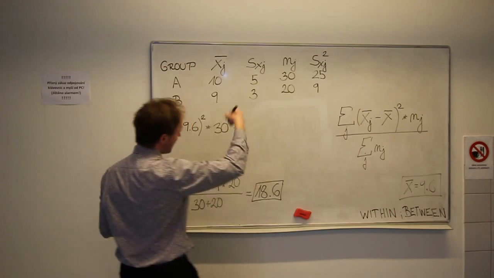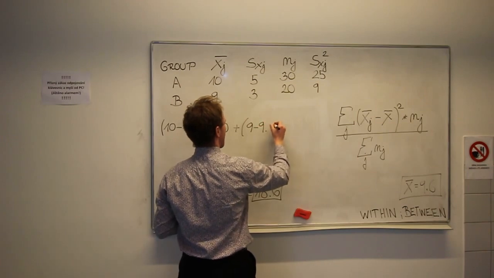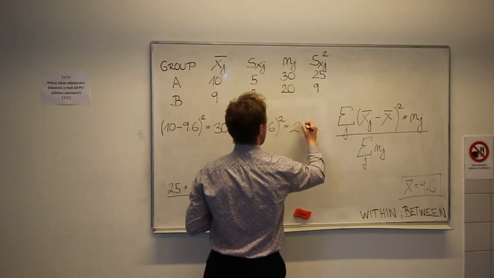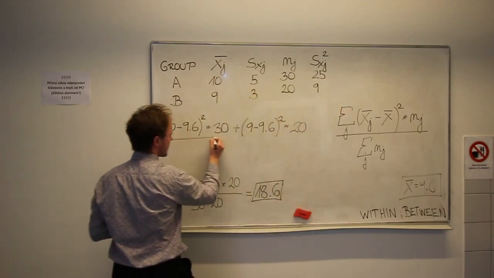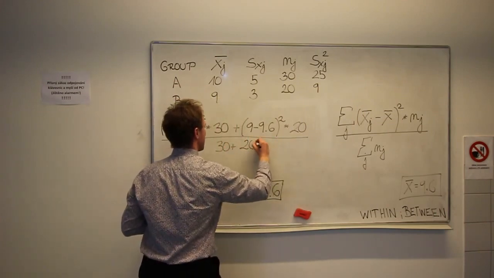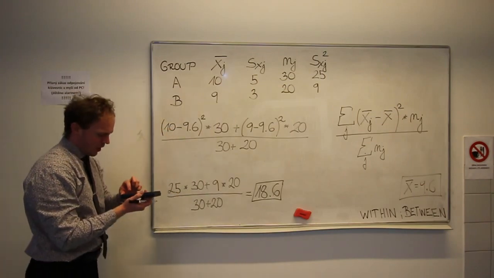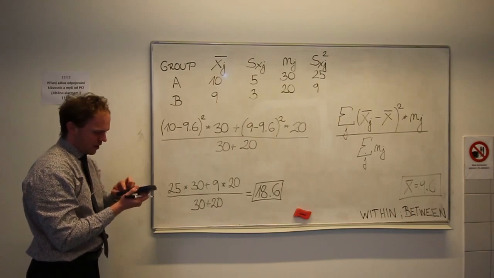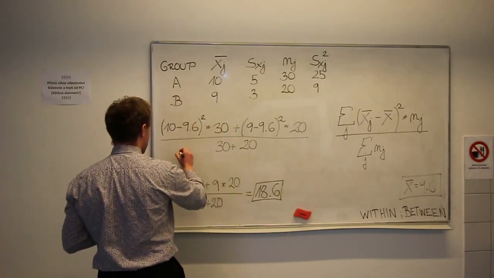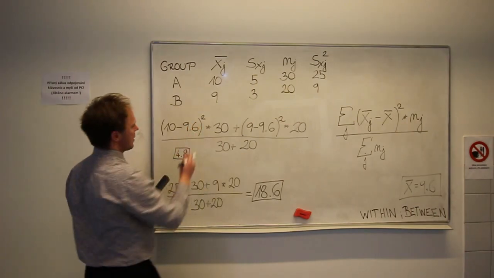Plus, in the second row, 9 minus 9.6 squared, weighted by 20 units. And this will be divided by 30 plus 20. Okay, so I will solve this. 10 minus 9.6 squared weighted by 30: the first part is 4.8.